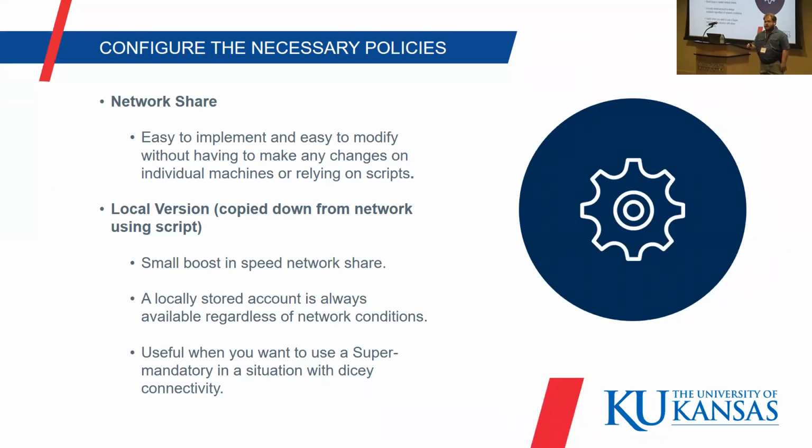Don't have to mess with scripts or anything else. Kind of the standard way to do it. Or you can go with a local version that loads a little bit faster. It's always available regardless of whether or not you've got network connectivity. And if you want to use a super mandatory in a situation where you've got a dicey network, that's the way to do it.